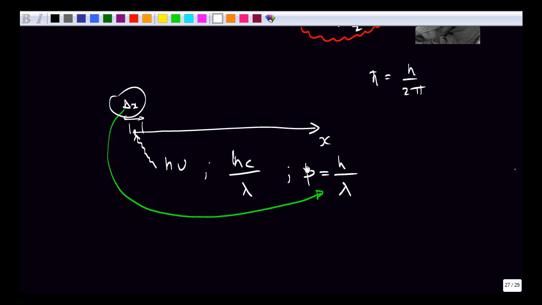But of course, when we decrease lambda, we're also increasing the momentum of the photon. So if you treat this photon as coming in as a particle, as we go to smaller lambda, the momentum is going to be higher. If you think of it as a particle, it's going to strike against this particle here.